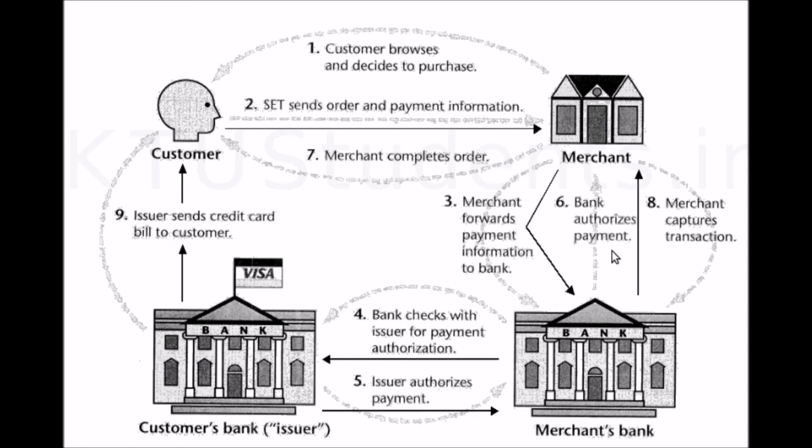Seventh step, the merchant completes the order and sends confirmation to the customer. Eighth step, the merchant captures the transaction from their bank. Ninth, the issuer prints the credit card bill to the customer. So this is the whole process involved in secure electronic transaction.